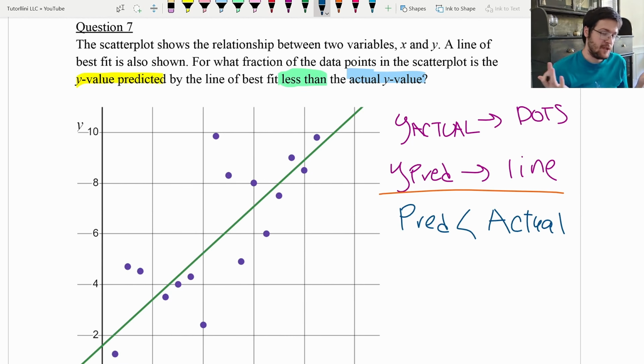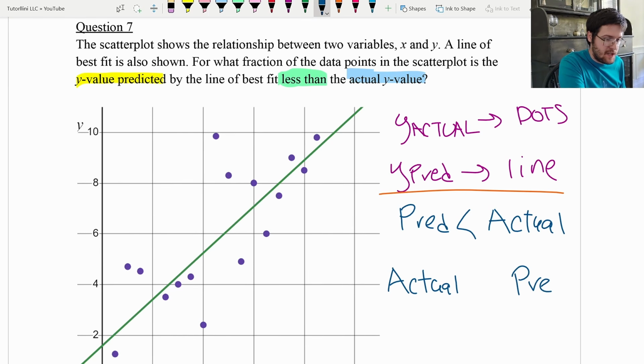So easy way to remember, alphabetical order, actual, predicted. So we're gonna flip this inequality. So I'm gonna switch it around so that actual is on the left and predicted is on the right, but now the sign needs to be flipped as well. And you see, if you kind of think about it like an alligator, it's like it's got to be eating the same guy, right?